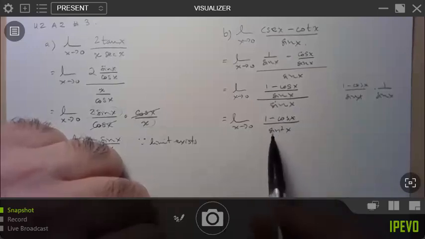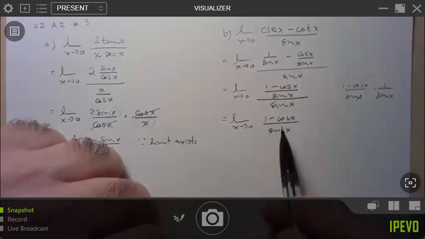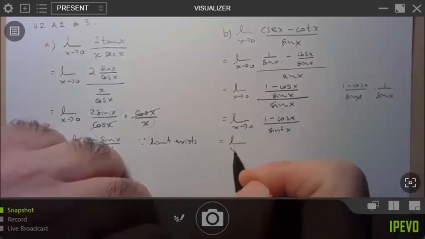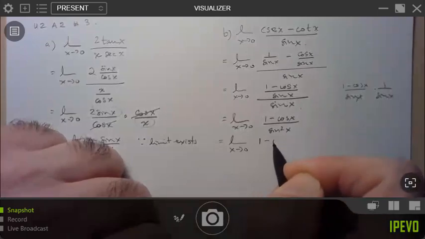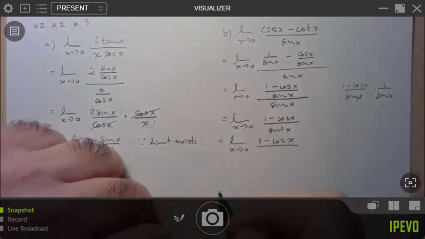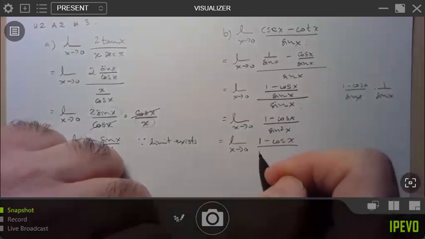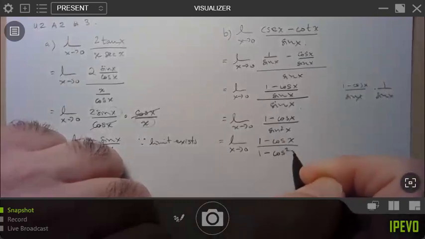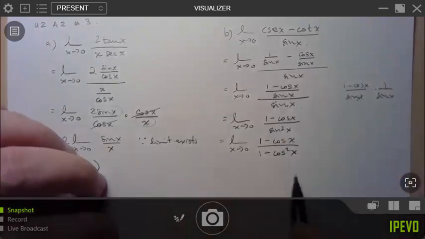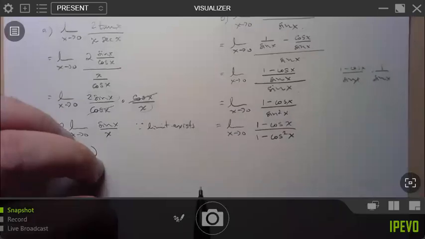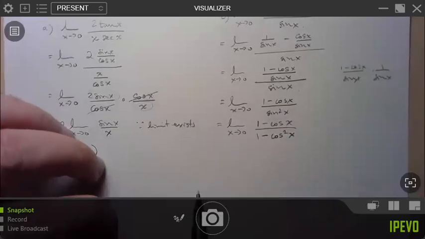But hopefully what you see is you go, hey, 1 minus cos x, and I've got a sine in the denominator. But because it's a sine squared, I can easily turn this into an expression that's got cos in it. Number 1, I can rewrite sine squared x as 1 minus cos squared x. So at least I'm working with the same trig ratios.